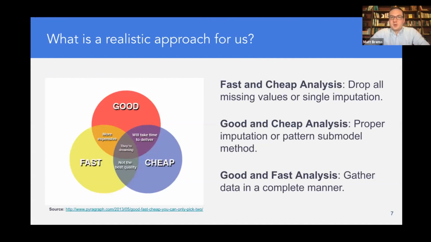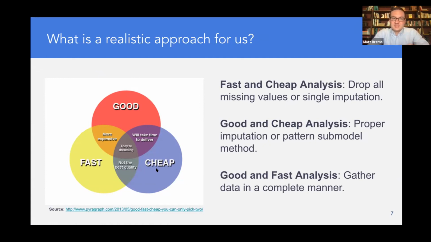So what is a realistic approach for us? If you're not familiar with the good, fast, cheap methodology, what you can imagine are 3 overlapping circles like you see on the left-hand side. Generally speaking, when we're doing a project, our boss or our manager or our client wants us to be able to do a project that is done well, it's good, and it's done quickly, it's fast, and it's done cheaply, or cheap.